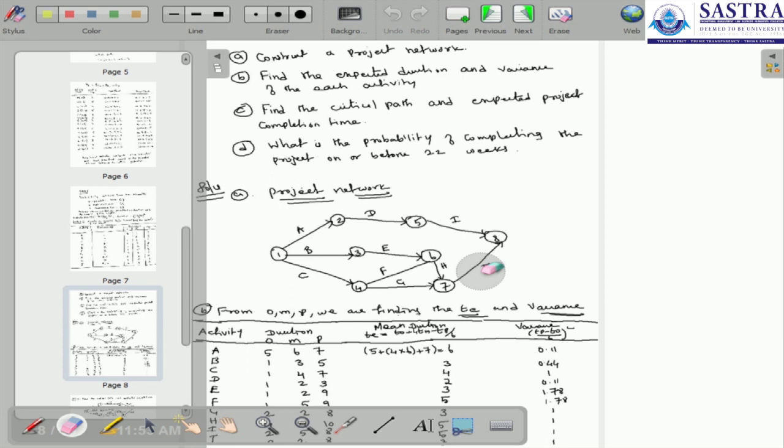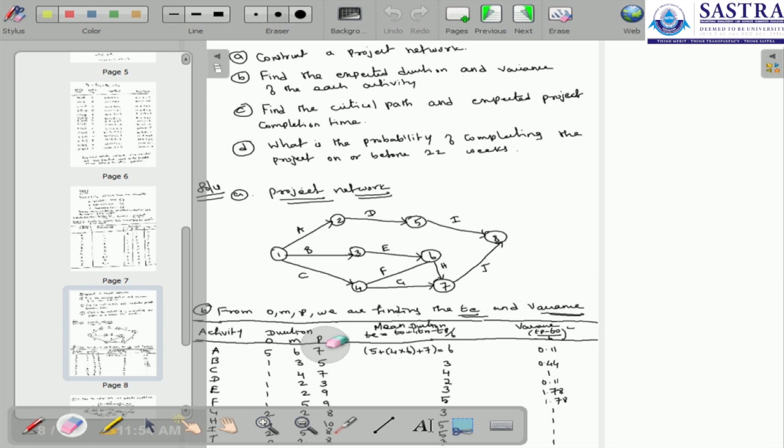For calculating the expected time duration and the variance, here is the formula for the mean duration, that is TE, which we already defined, and we have the OMP durations. Through the formula, 5 plus 4 times Tm plus Tp, divided by 6, the whole divided by 6, which is equal to 6.